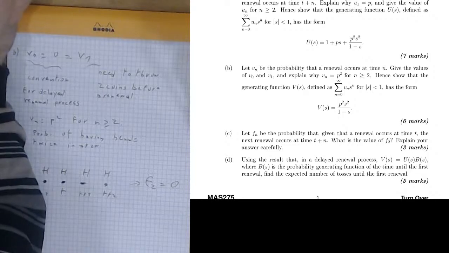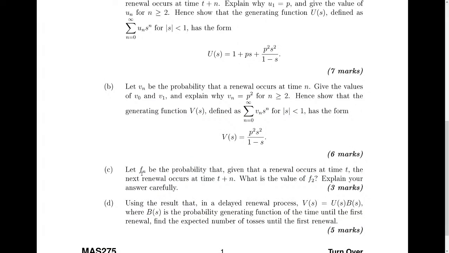Okay, and then the final question for the renewal process exercise. Using that v is u times b, so if you remember, v is the probability of a renewal happening, u is the probability of a renewal happening after a renewal, so it's like the not delayed version, and b is the first renewal, the one which is different, which is the delay.